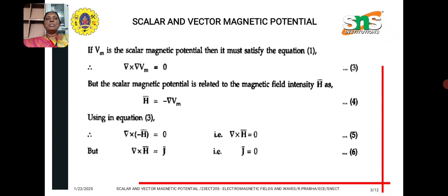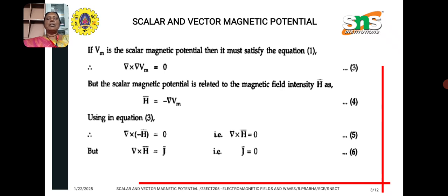So by using this equation 3, we can replace del Vm by minus H, the negative of magnetic field intensity. We get the equation as del cross minus H is equal to 0, or we can write del cross H is equal to 0.